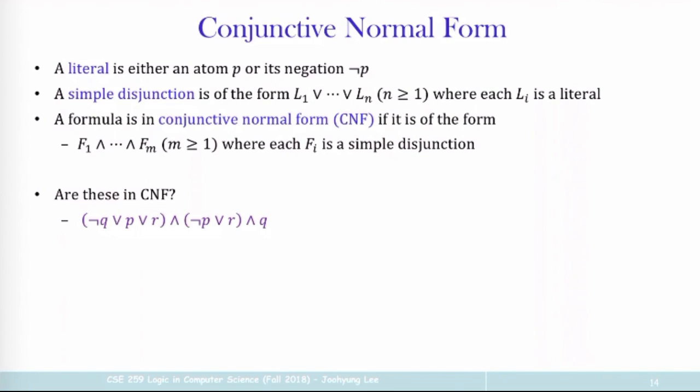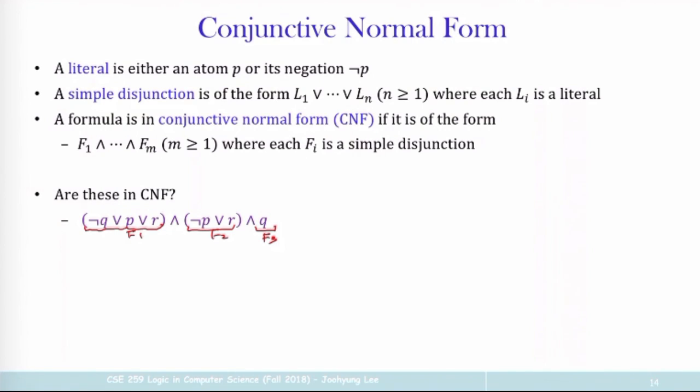Let's see why. This is again a pattern match. This part you can read as F1. This is F2. This is F3. So there are three simple disjunctions here. F1 is a simple disjunction because that's a disjunction over literals. Each of them is not Q, P, R, they are literals. Same for F2.